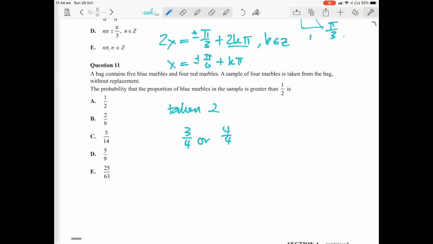So I'm going to use combinations. I've got how many blue balls? So I want 5 choose 3 times my red balls, 4 choose 1 because I've got 4 altogether, 9 choose 4 on the bottom, plus 5 choose 4 blue balls, 4 choose none, red, 9C4.